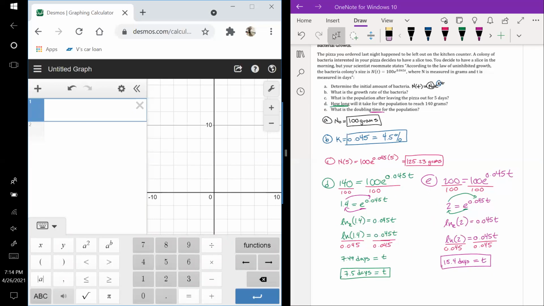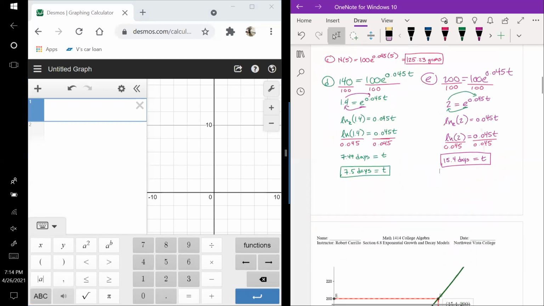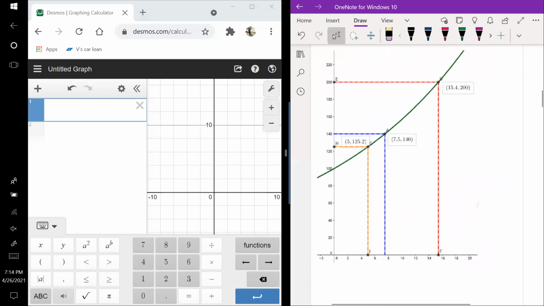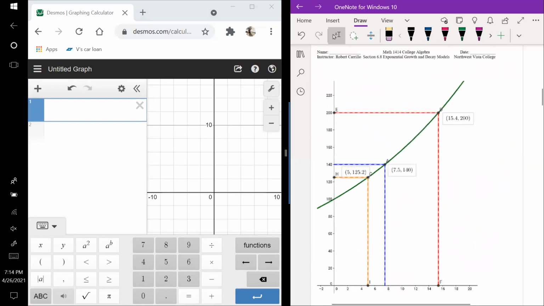And what's cool about this equation is that it's actually a graph as well. It has a graph and it shows how the bacteria is growing. So if I scroll down here, this is the exponential growth that we just found out from that given function.